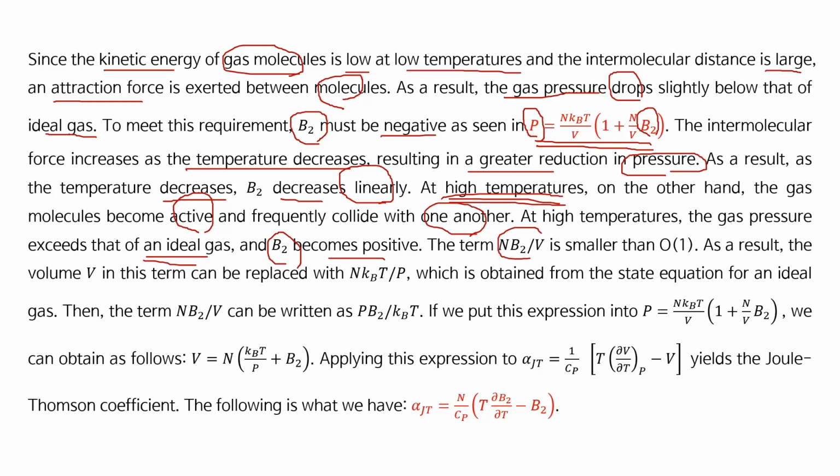This term is smaller than order of 1, so as a result, the volume V in this term can be replaced with this term, which is obtained from the equation of state for ideal gas. So PV equals NkT, so we can have this term like this.